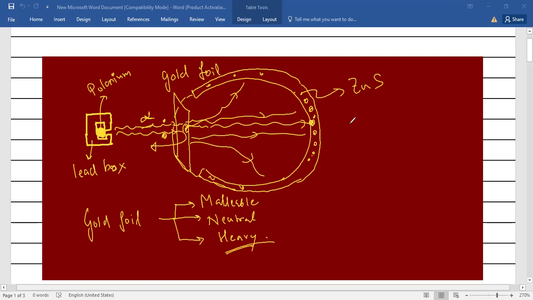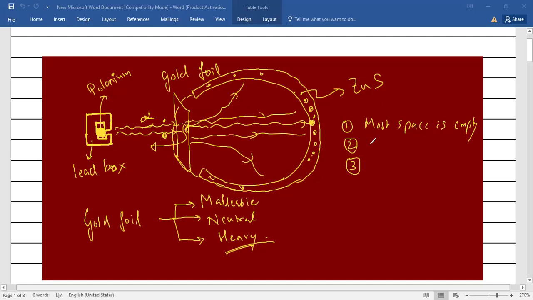Based on these three observations, we have concluded that since most of the alpha particles pass through the atom, most space is empty. This is one. Then few alpha particles got scattered.